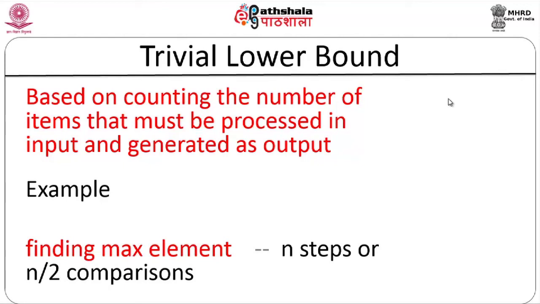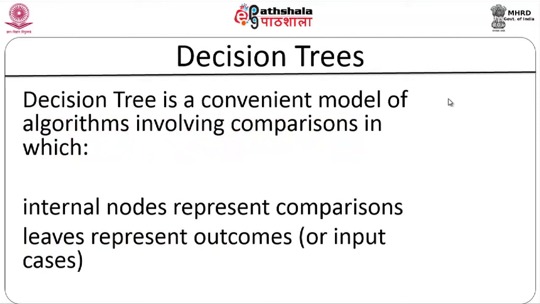This is going to be the trivial lower bound. It is very trivial in the sense that we can't extend this idea to a larger problem. Therefore, we go for something like decision trees.